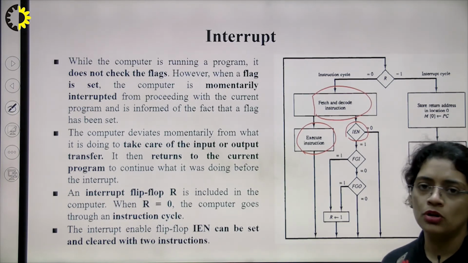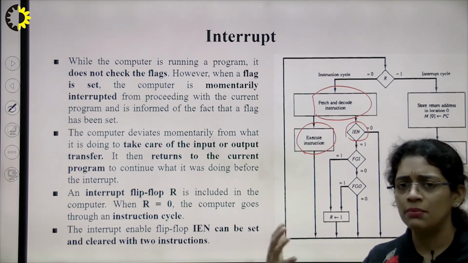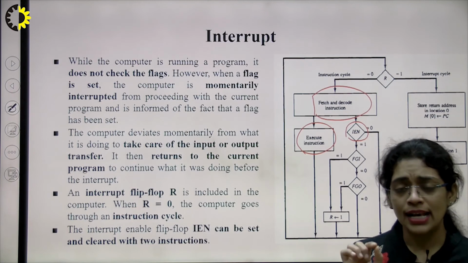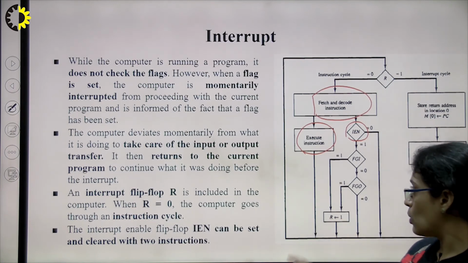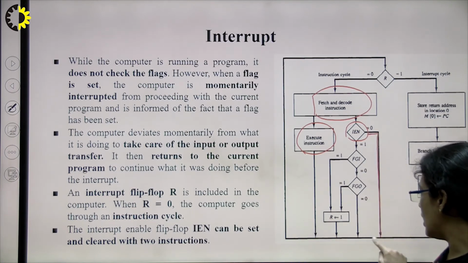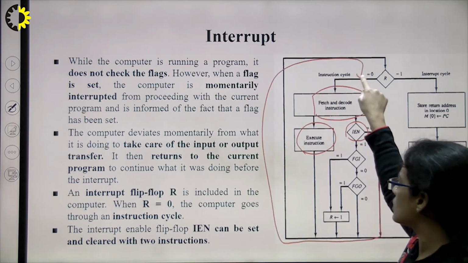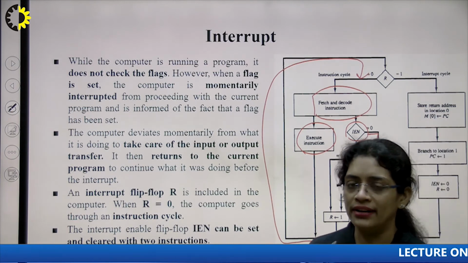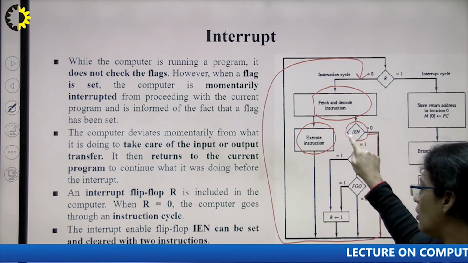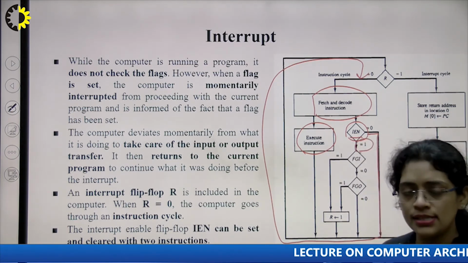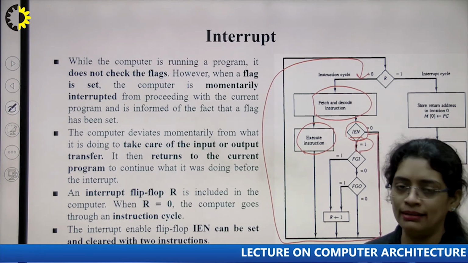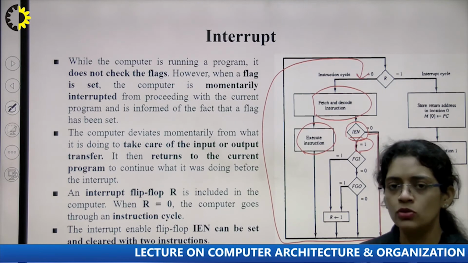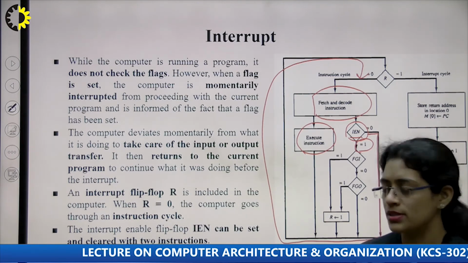If the processor is working on some high priority task and does not want to be interrupted, then IEN is set to 0. So if IEN is 0, it will process the normal instruction, with no interrupt, because the processor doesn't want to get interrupted. If the value of IEN is 1, the processor is ready to be interrupted, and if there is any input or output task, input and output can interrupt the processor.